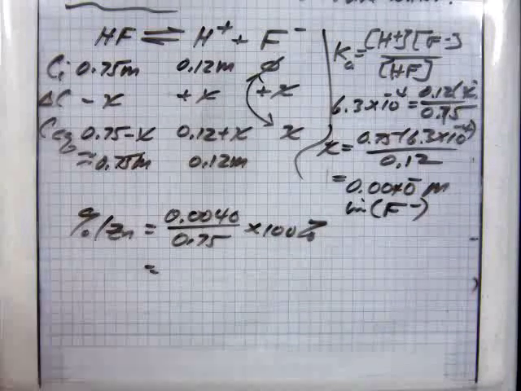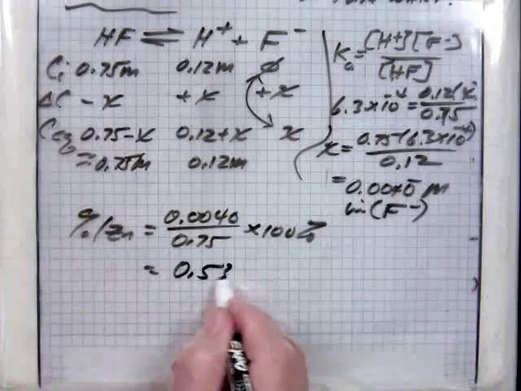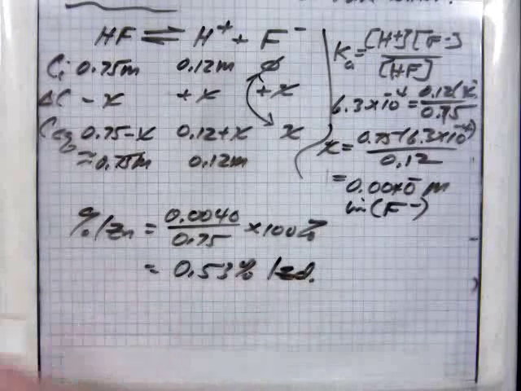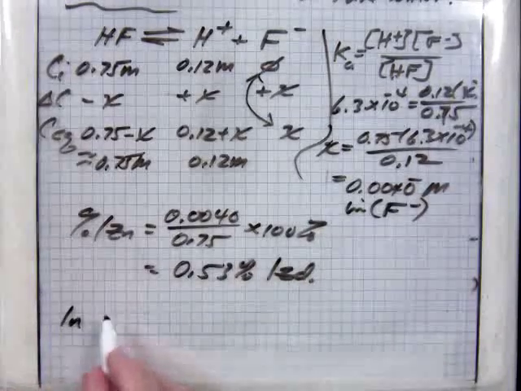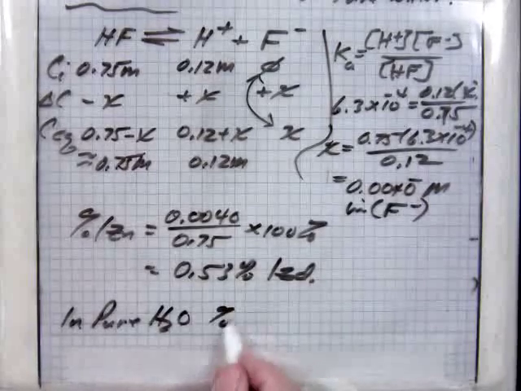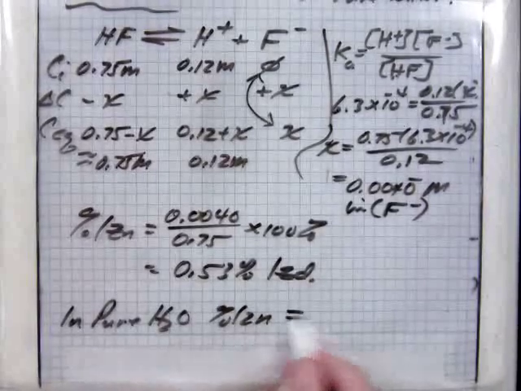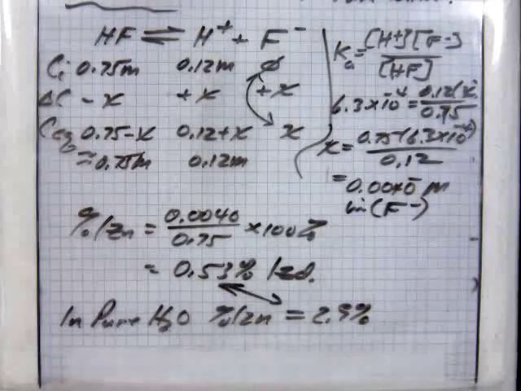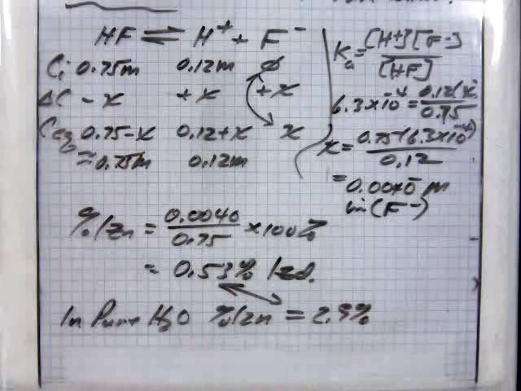And so that's a 0.53% ionized. In pure water, it was 2.9. So the common ion effect certainly knocks the degree of ionization way down.